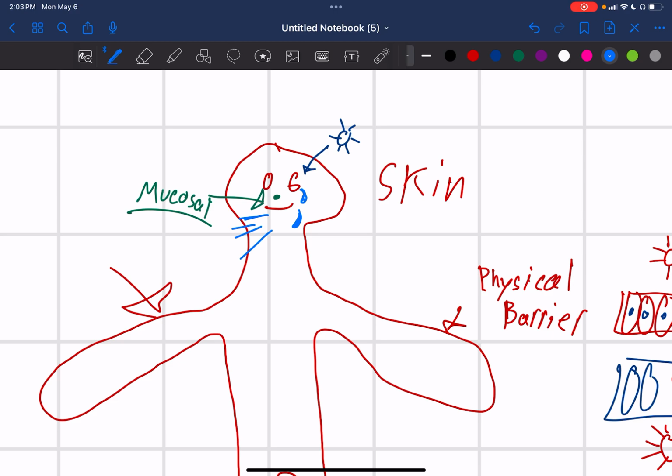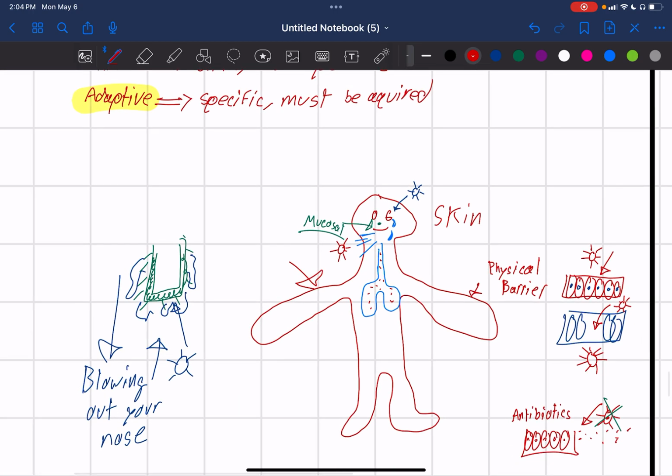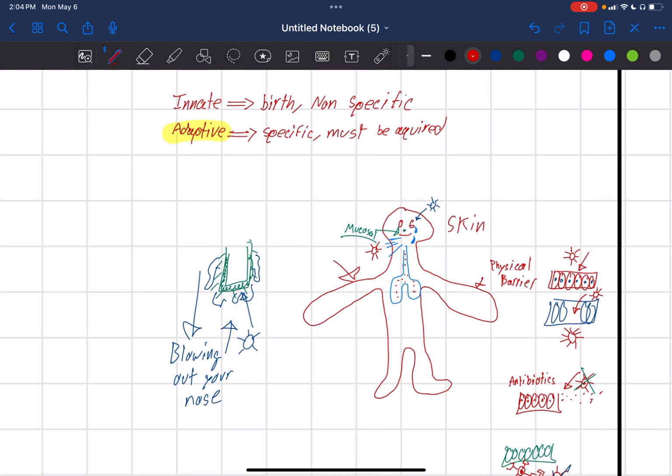We can sneeze, and whenever we have a buildup of bad stuff in our lining or our lungs, we want to cough or sneeze or spit out those microbes. That's part of saliva. It's kind of the same thing as mucosal, but this is within our mouth, not our nose. So those are some of the mechanical barriers of innate immunity.